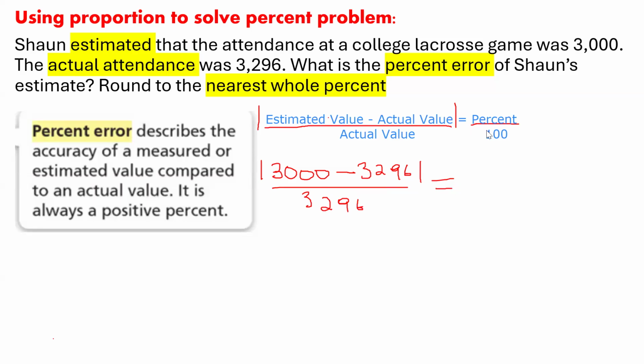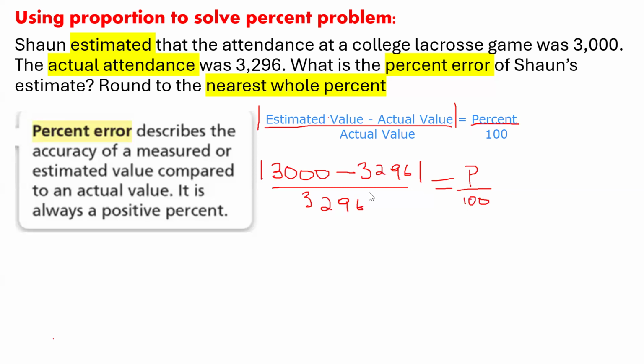We don't have to write the entire word percent here. We can just use P to represent percent, since P is the first letter of the word percent. So P is our variable, P is our unknown, P is what we are finding.